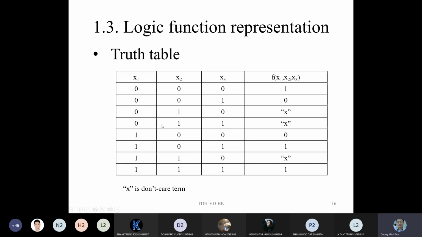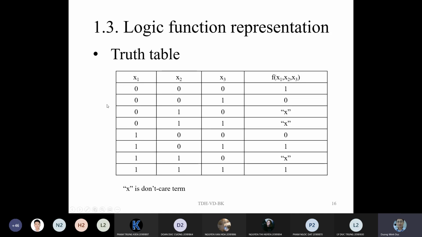And normally we write in order from the top to the bottom, increasing the value of the number created by combining the 3 variables. In binary it's 0, 0, 0, but in decimal it's 0.